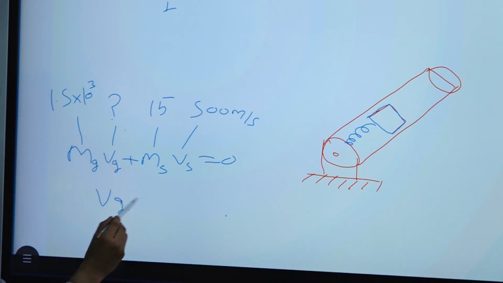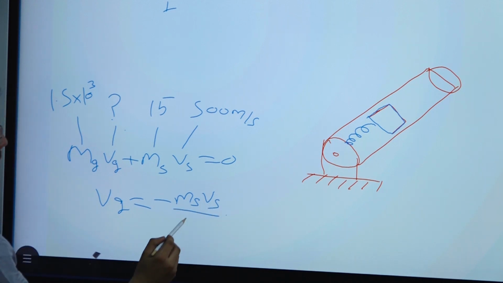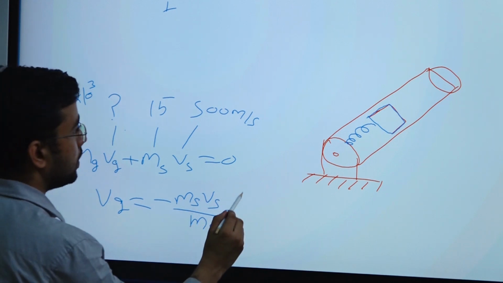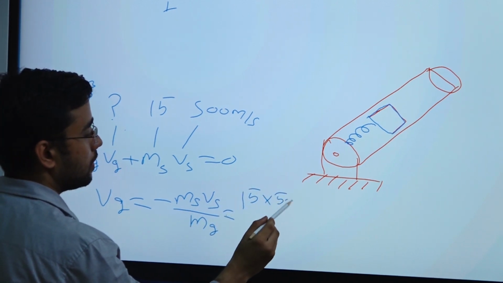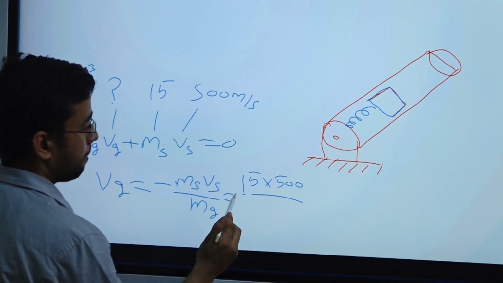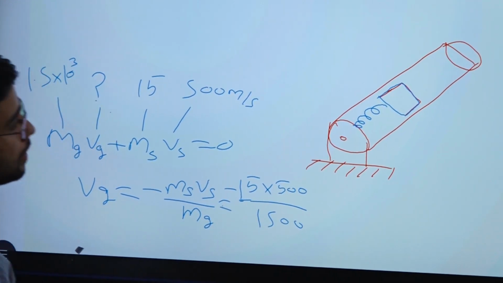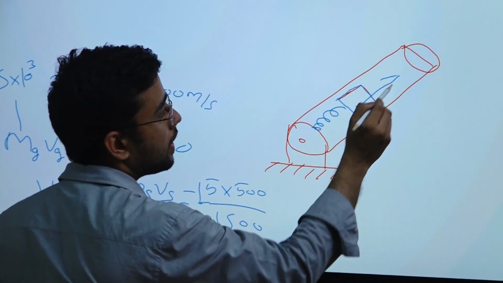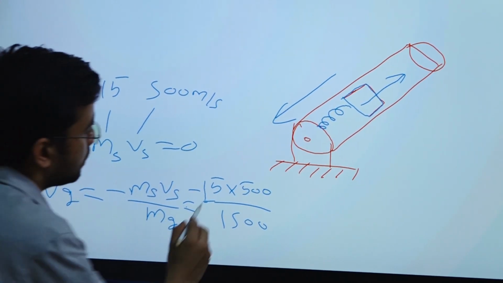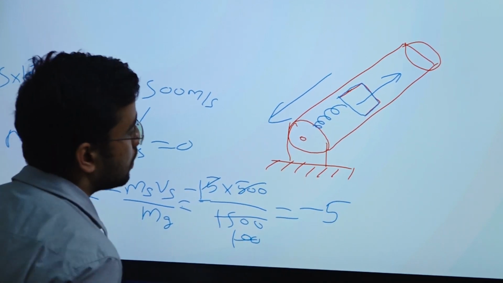Vg will come as minus ms vs divided by mg. So ms is 15 into 500 divided by 1500, right, and the minus sign will come. If the shell is moving in forward direction, this gun will move in backward direction. That's why the minus sign is coming. So it is gone 100 times. So we will get minus 5 meter per second.